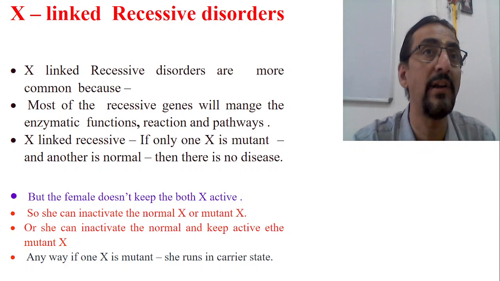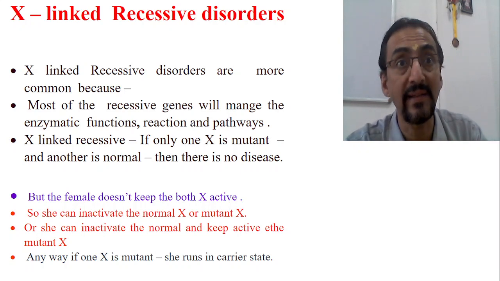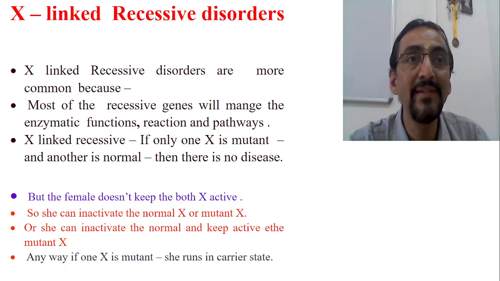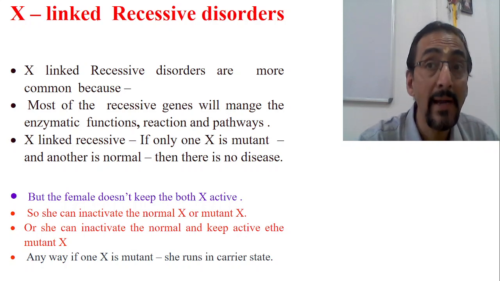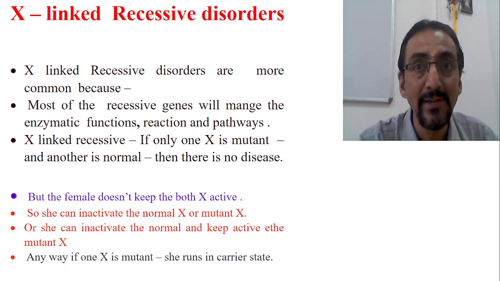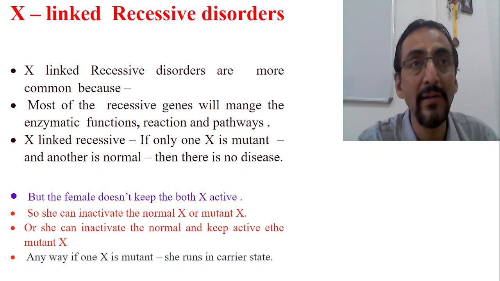Sometimes, unfortunately, during the time of this inactivation, a mutant X, if it is present, may inactivate the normal X. Now the normal X is working only up to 20% or 30%, partially inactivated, and this mutant X is working 100%. The mutant X will definitely cause the problem, because the other X is almost entirely inactivated, and only the mutant one has to work.